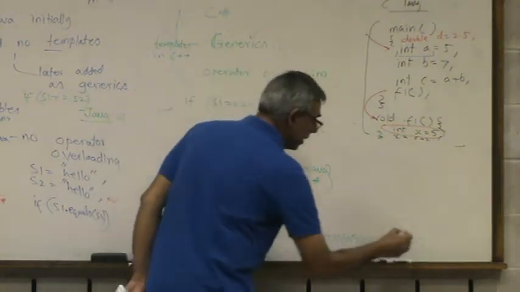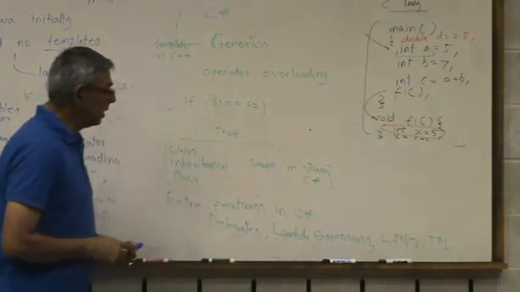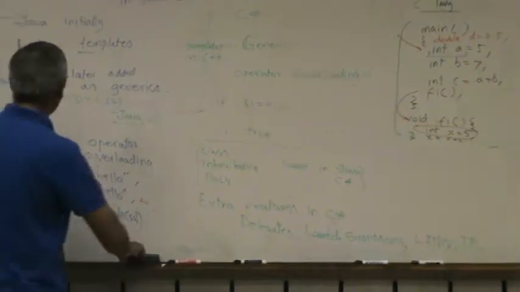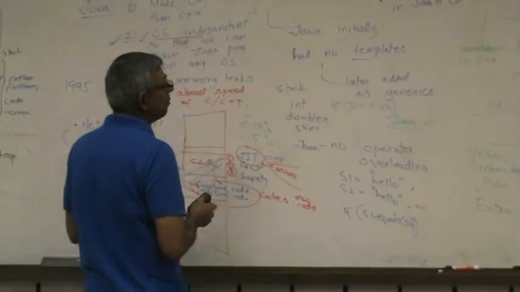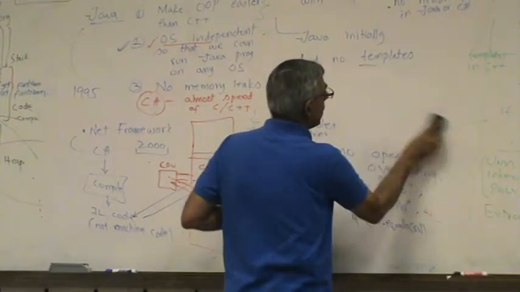There is the task parallel library. These are some of the new things which, in my opinion, make the language quite a bit better than Java. We will learn these towards the end of the course as we go along. So one more small difference between Java and C#.